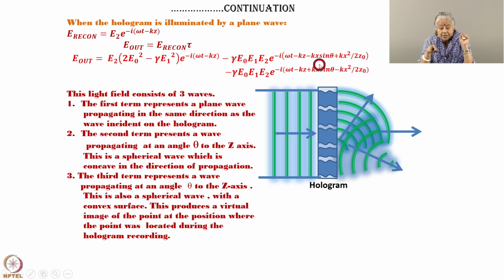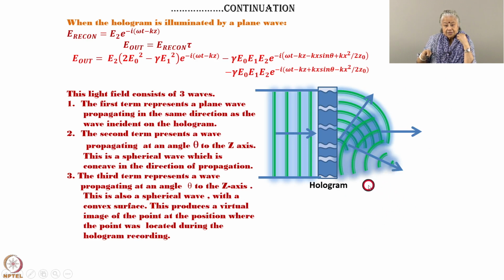These two are like complex conjugates of each other. Both these terms represent waves moving along the z direction, but because these two spherical terms come into the picture, they are spherical waves, no longer plane waves. One is moving out this way and the other one is moving out this way.